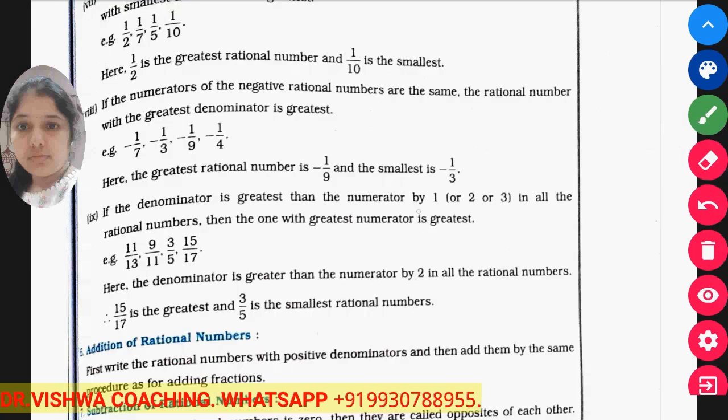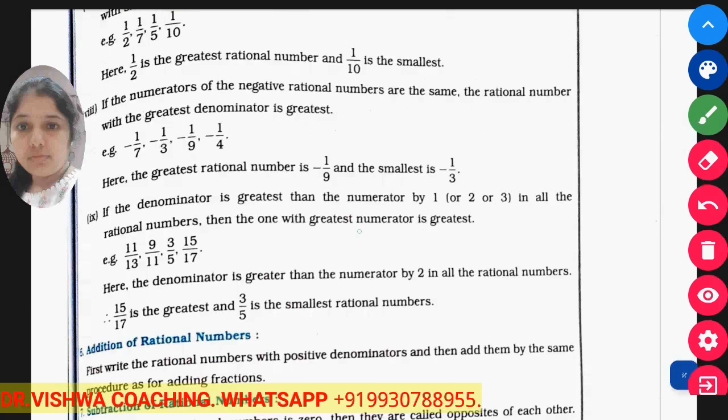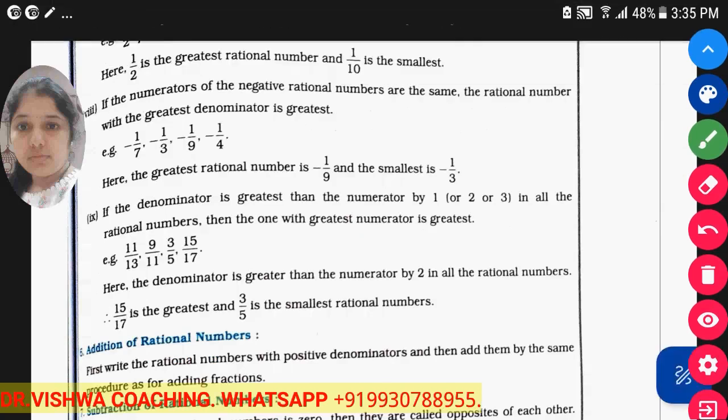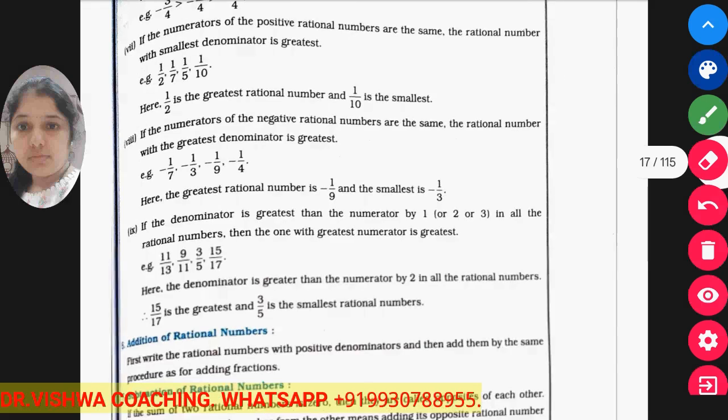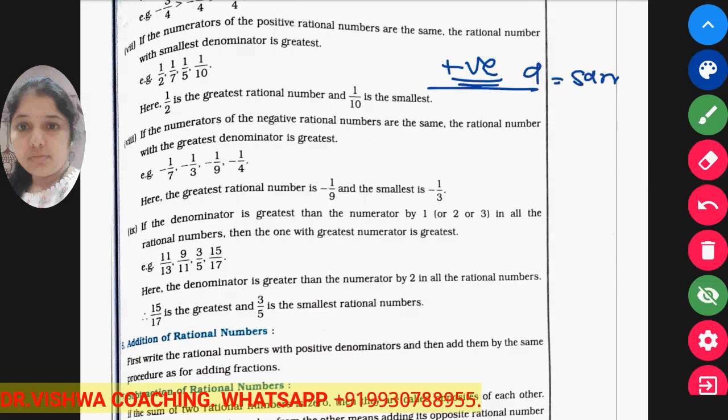If the denominator is greater than the numerator by 1 or 2 in all rational numbers, the one with greatest numerator is the greatest one. Now see, what are the conditions we learned? We just revise once and then we'll move to the practice exercise. Now see, the rational numbers, if they are positive and the denominator is same, so the number whose numerator is greater is the greater number.